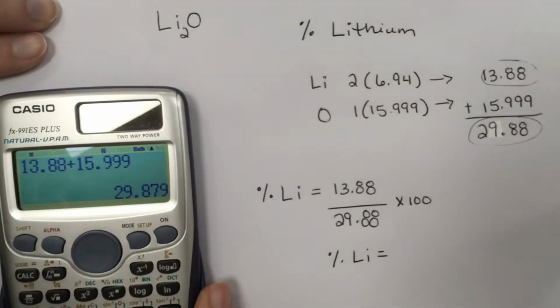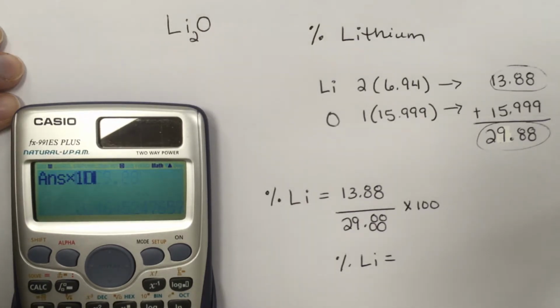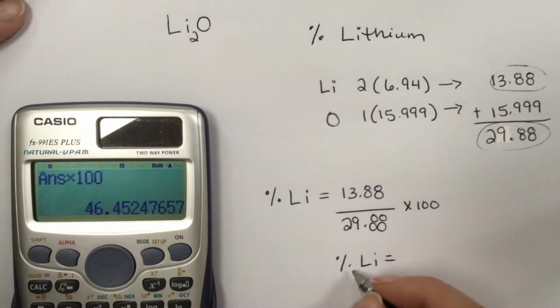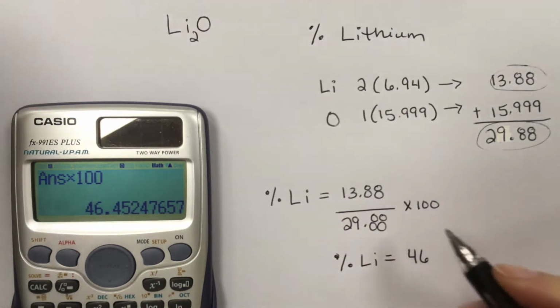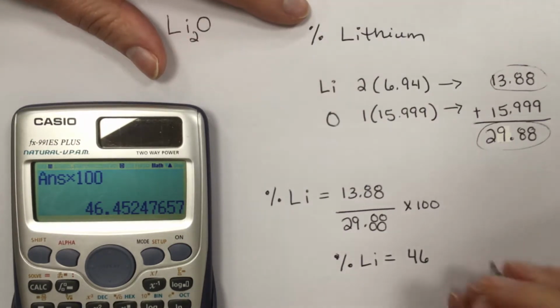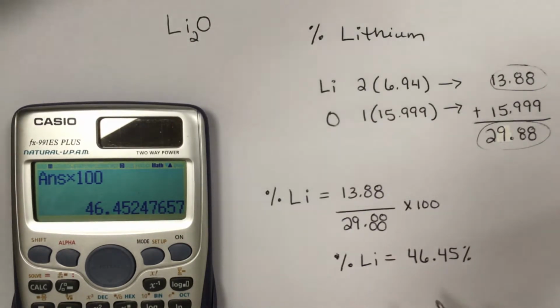So 13.88 divided by 29.88 equals, we're going to multiply that by 100, or you could have just moved the decimal over. And the answer will be 46. We're going to use significant figures. There's 4 and 4. So 46.45%. So the percent composition of lithium is 46.45%.